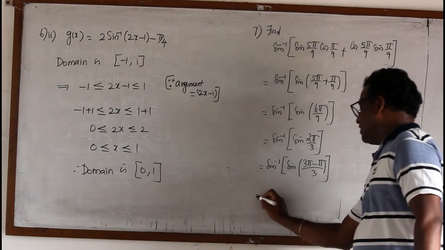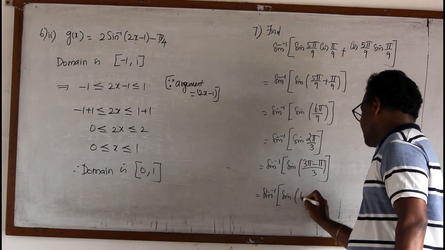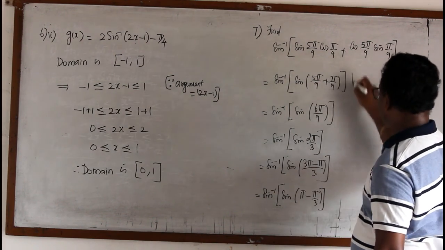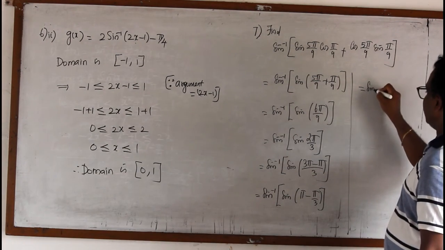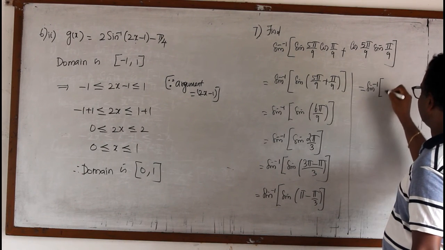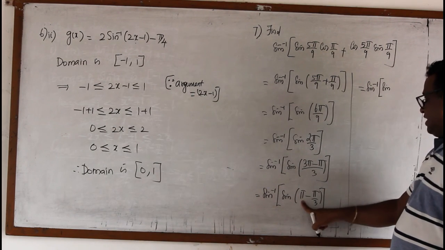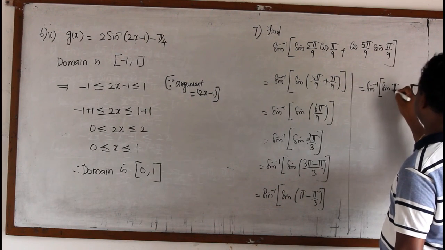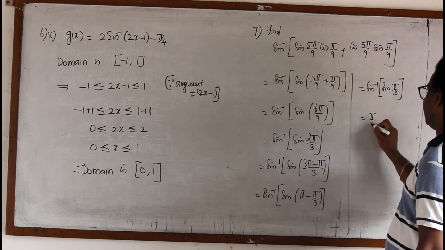When we divide by 3 separately, it is sin inverse of sin of (pi minus pi by 3), which is equal to sin inverse of sin of (180 minus theta). Even, no change, so sin, second quadrant positive, sin pi by 3. Now sin and sin inverse cancel, it is pi by 3.